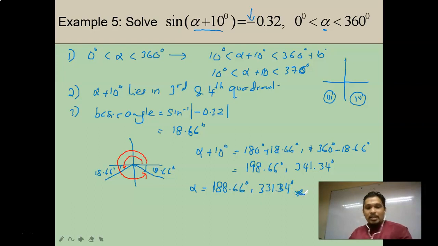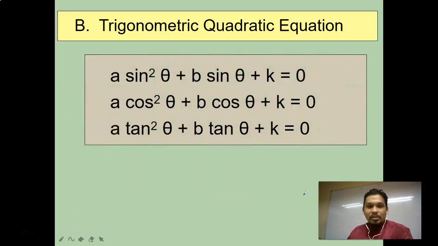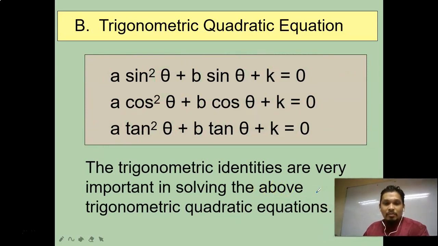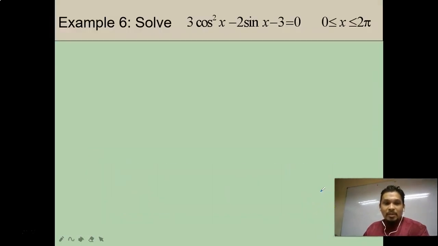Okay, next, trigonometric quadratic equation. Very important in solving the above trigonometric quadratic equation. Okay, so now, example 6. From here, we are going to think how to change this cos or sine so that both become one term, either cos or sine.